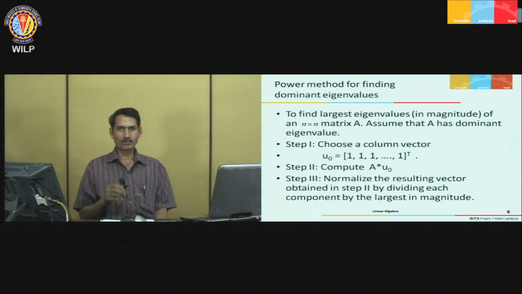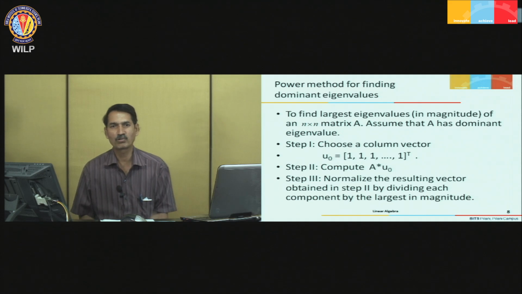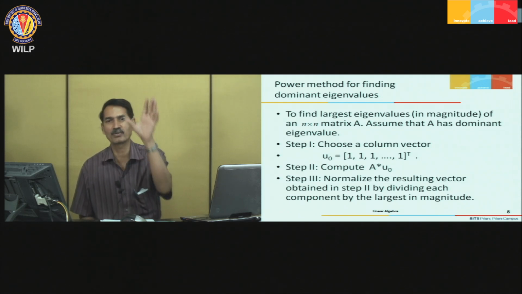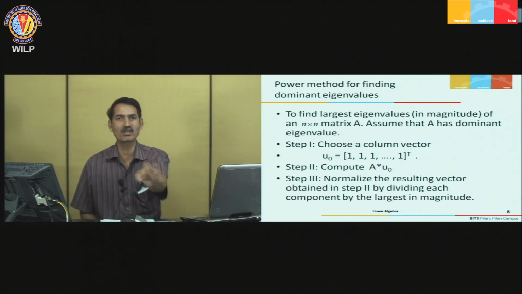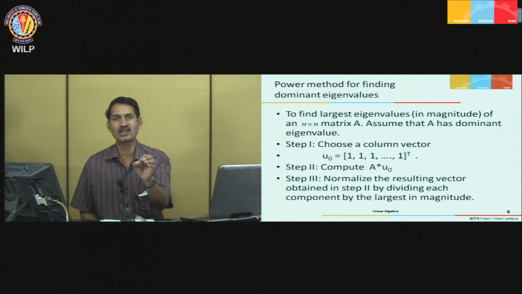There is a standard method to calculate the dominant eigenvalue and the dominant eigenvector of a matrix A if the matrix A has a dominant eigenvalue. Therefore, we are making the first assumption that the given matrix has a dominant eigenvalue, and therefore, it will have a dominant eigenvector.